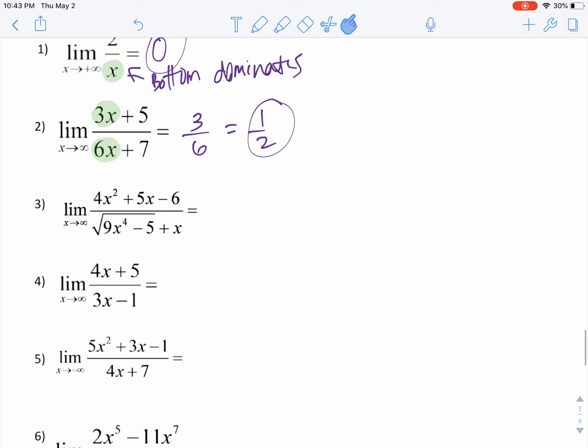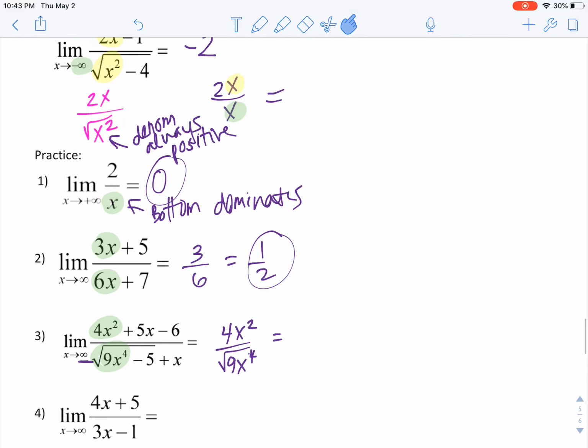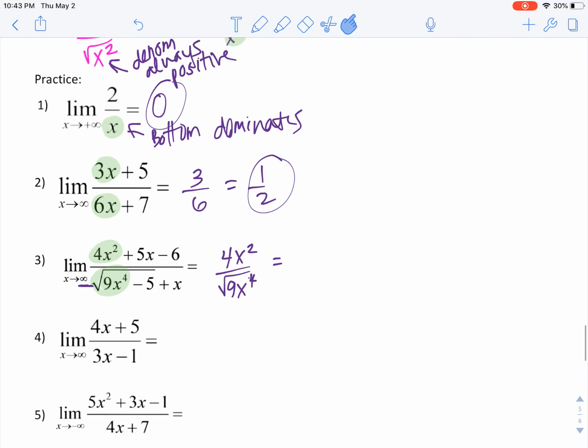Okay, 3. Looking at my leading terms. Okay, so I got 4x squared and radical 9x to the 4th would be my leading terms. All right, again, the denominator is always going to be positive. This is not that much of an issue because we're going to positive infinity rather than negative infinity like this example up above that we did.